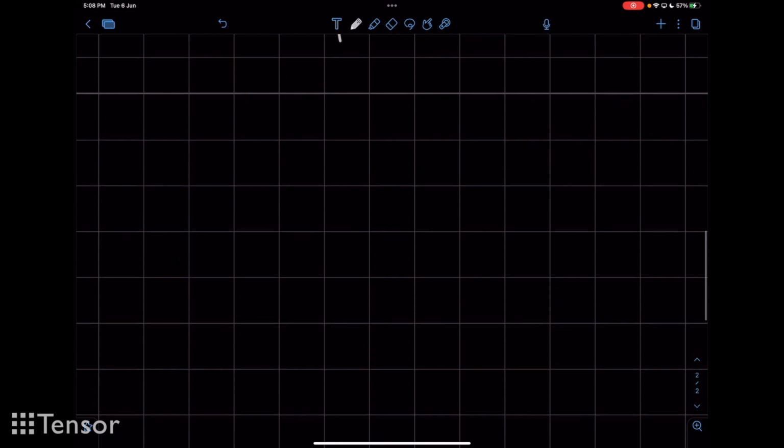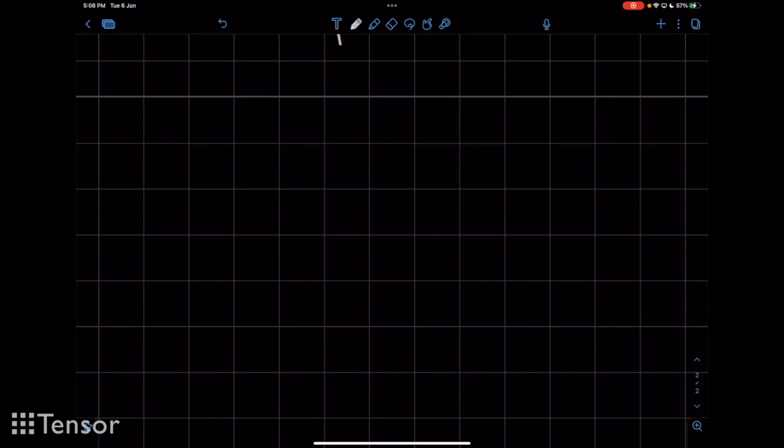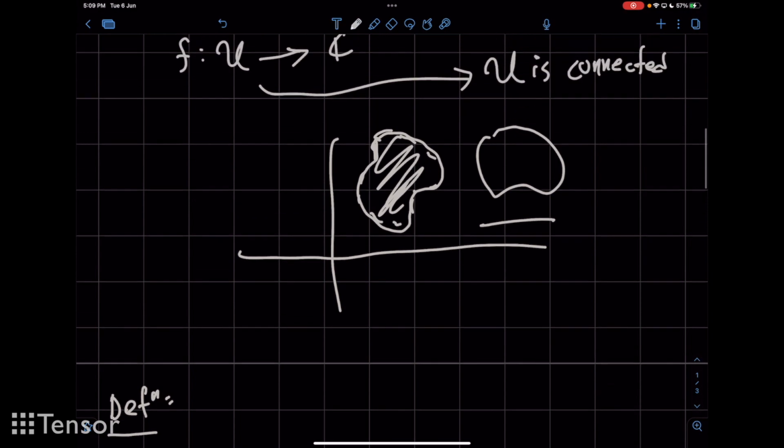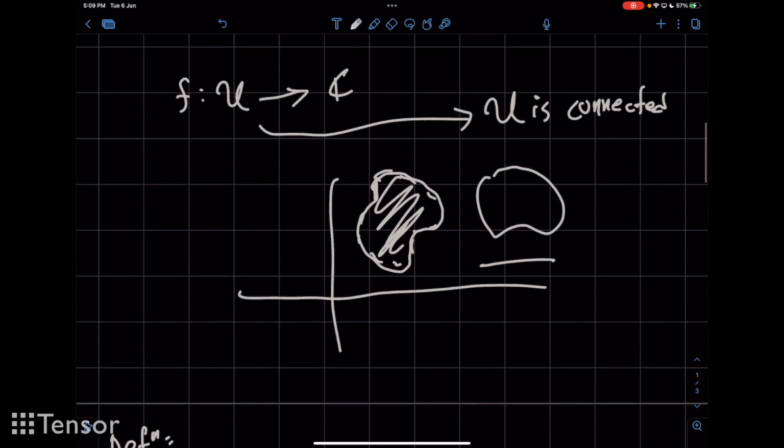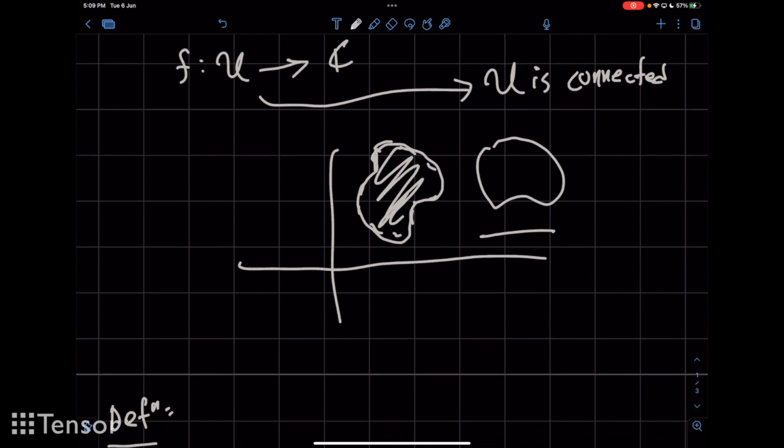All right, so now we are going to define what an analytic function is. Well, not really, because we'll need the fact that U is connected in order to prove some of the later theorems. That is, if all the derivatives vanish at some point, then the function becomes constant, which we shall see.